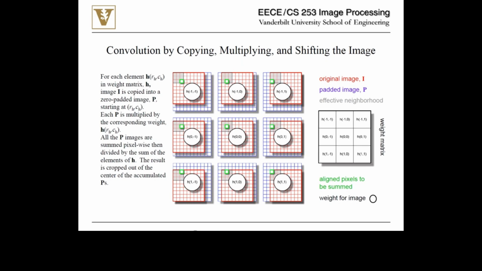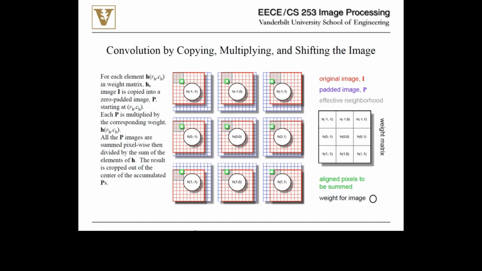And this is the process that I have explained with 1D signals, but now with 2D signals. Okay, so let's say I have an image, the red one. I want to convolve it with this kernel.